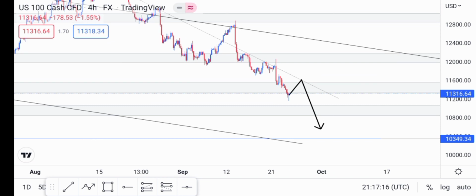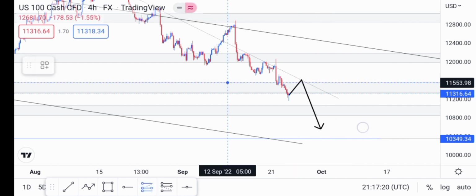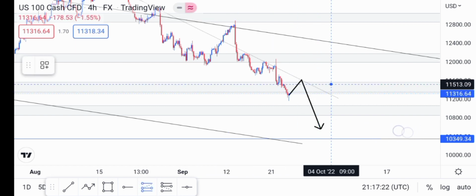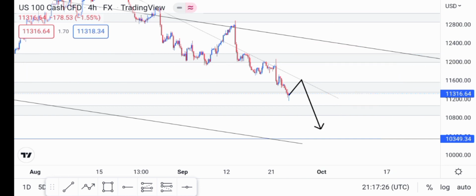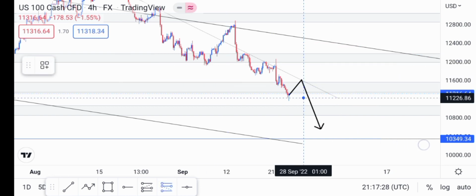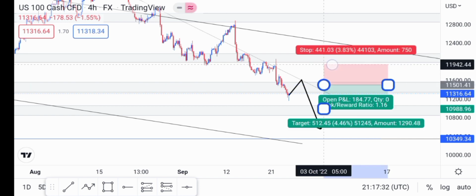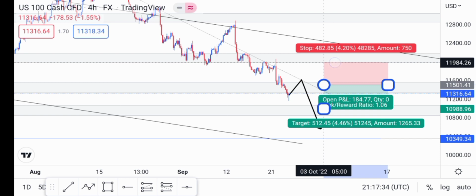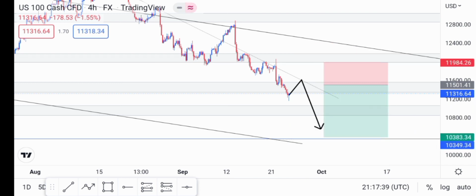If the market comes back to this place, we can enter a trade here, and then a stop loss. Oops, sorry, short position. If NAS100 does come back to this area here, this is how you should trade it. Overall target right over here.